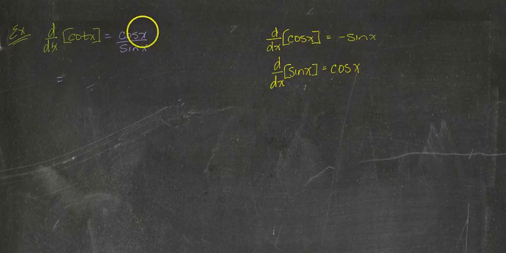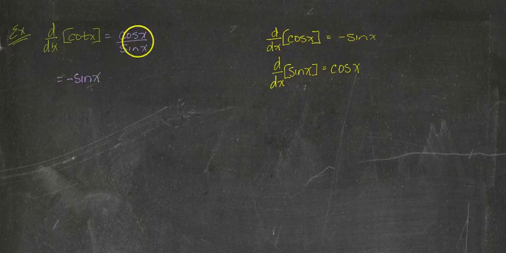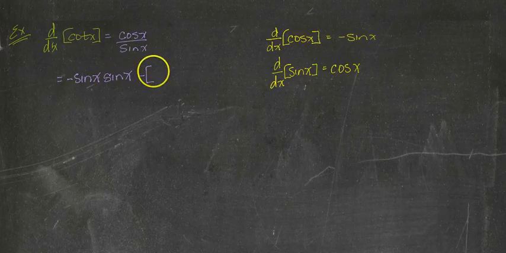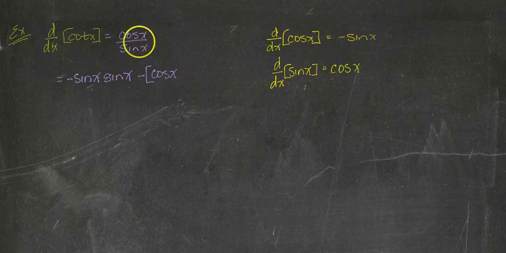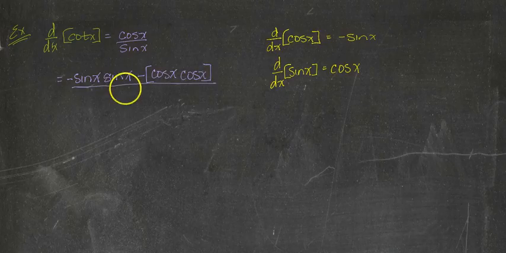We want the derivative of the top times the bottom as is, minus, and I'm going to protect my negative, the derivative of the bottom, sine x, is cos x, times the top as is, all over the bottom squared.